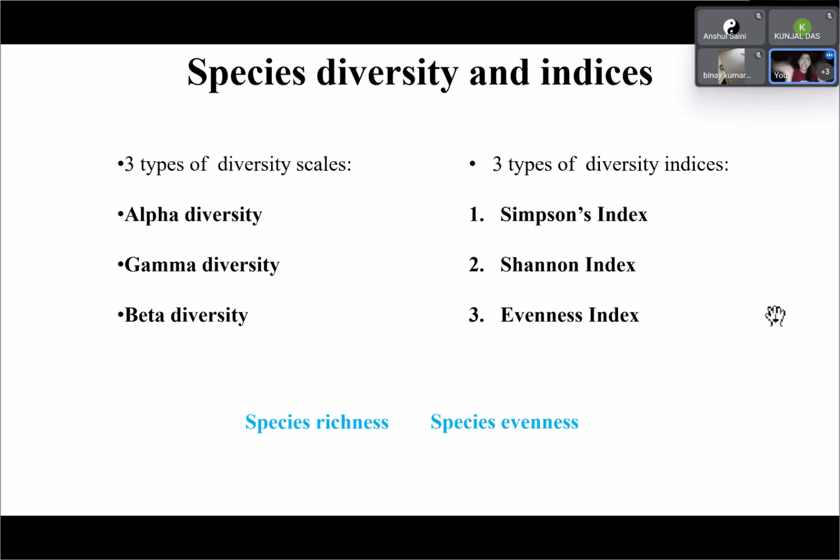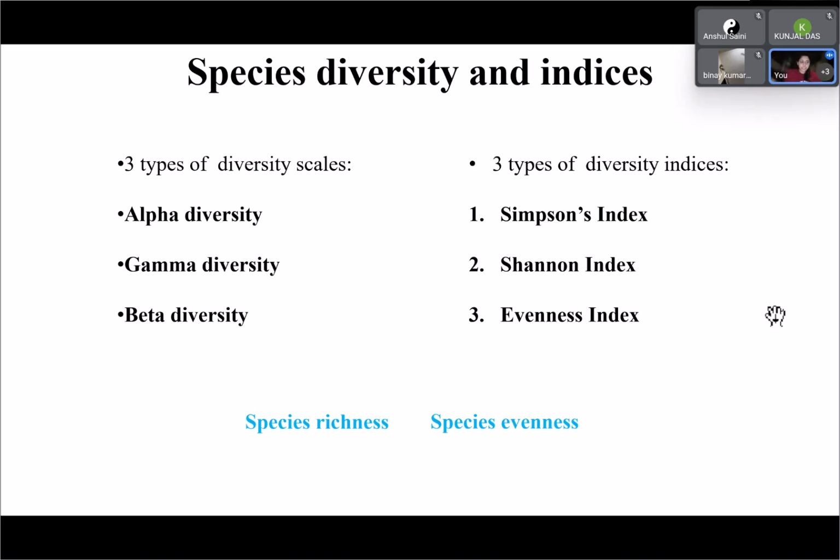Now, if you go to the next patch, it had 4 species, but all of them equally present, 25% each. So which one is more even? The second one is more even than the other one. But the first one is richer than the other one. So the first one is species richness, the second one is species evenness.